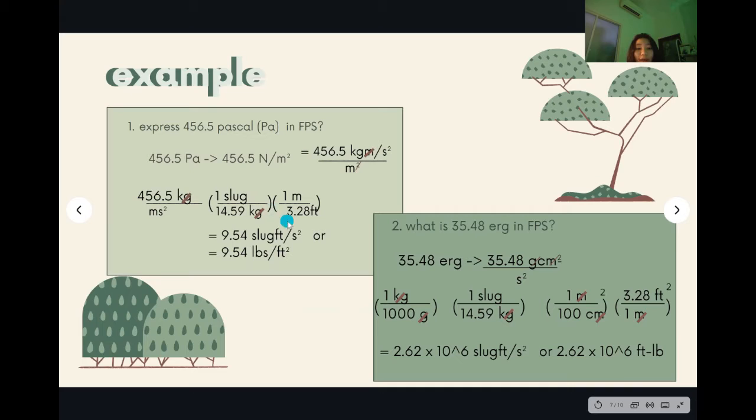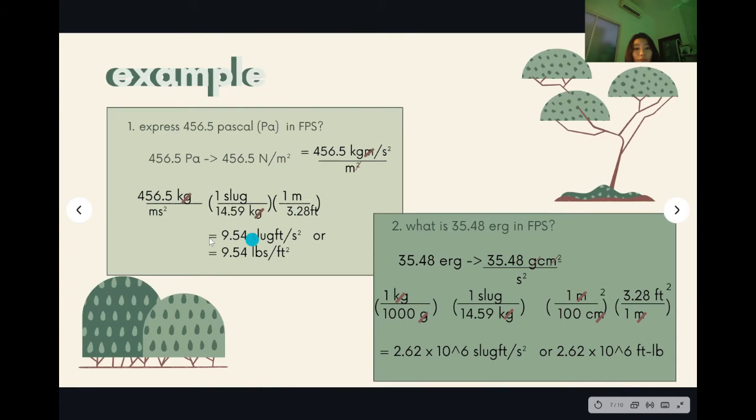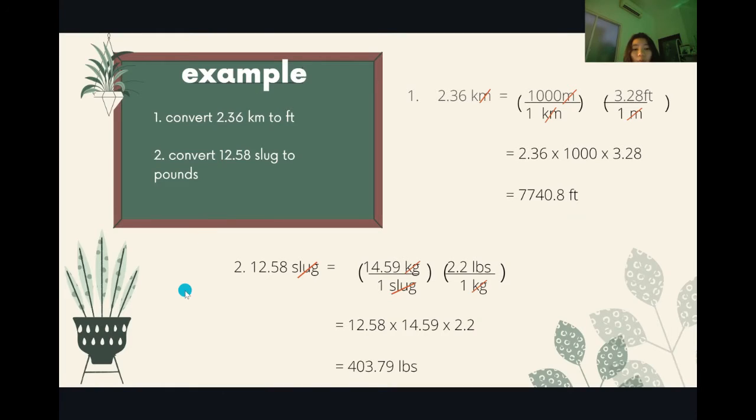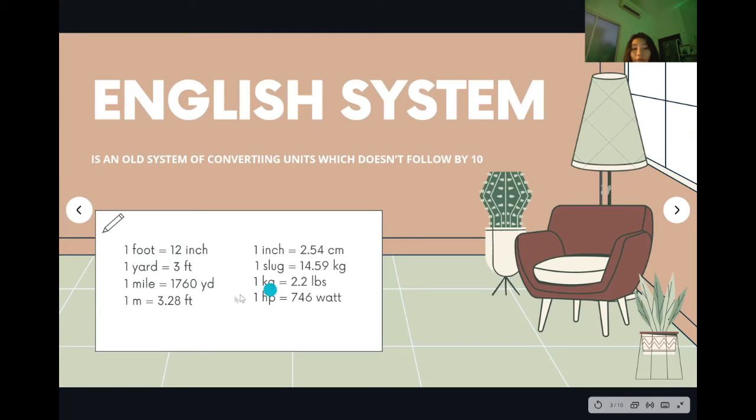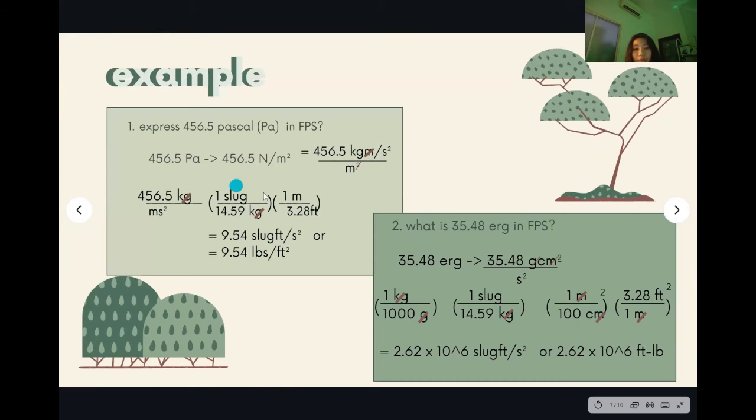And what we need left is the foot. So for the foot, we write it as 1 over 3.28 because of this. We need the meter and the foot, so it will be written as this.